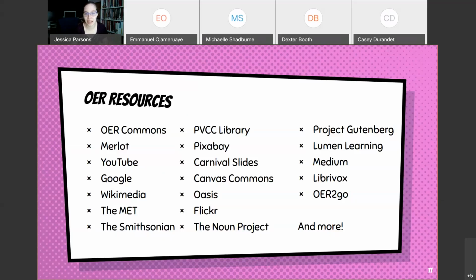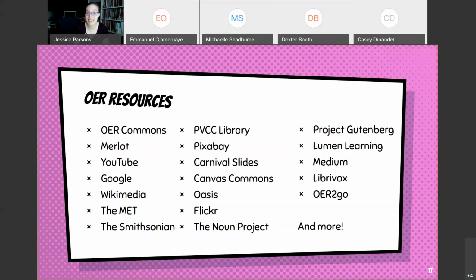And a lot of that is licensed either under the public domain or is allowed to be used by faculty members for their courses. The Smithsonian as well has lots of resources, not only pictures and videos, but they also have a lot of lesson plans as well.